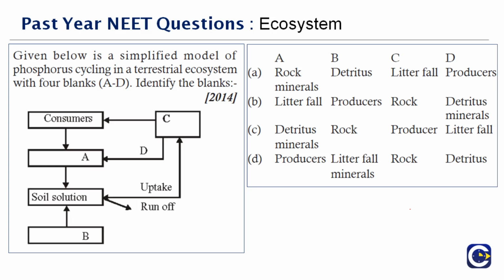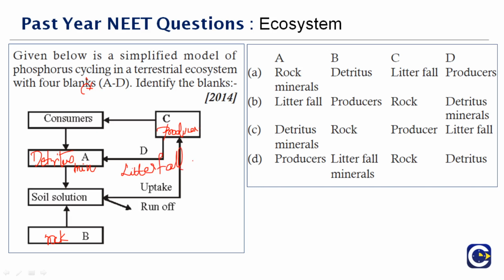Okay, now A is what? It is detritus minerals, so I'll mark it here so that you will understand. Here comes detritus minerals, and B will be the rock, C will be the producer, and D will be the litter fall. Okay, I've given you the answer now.